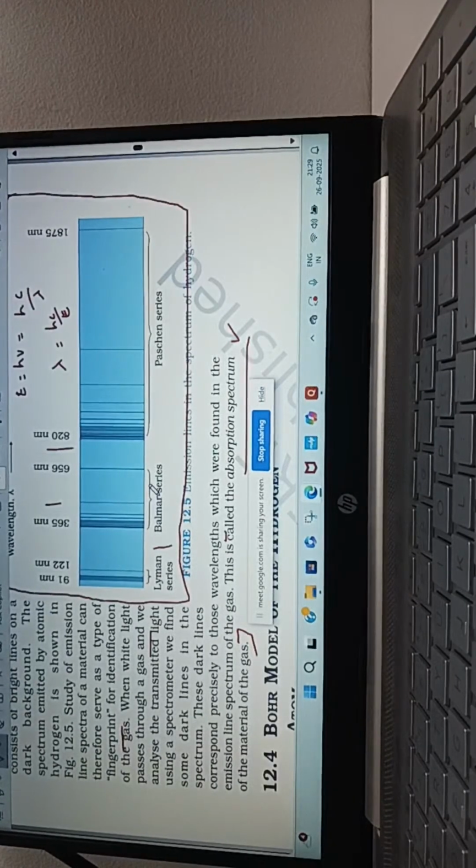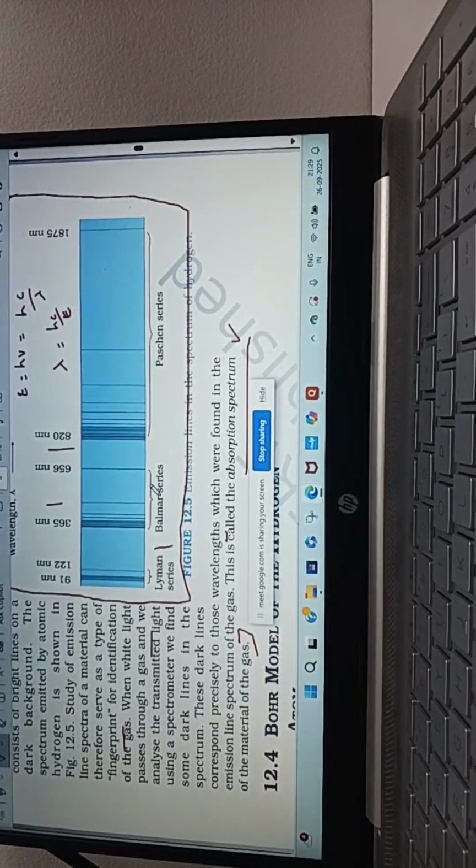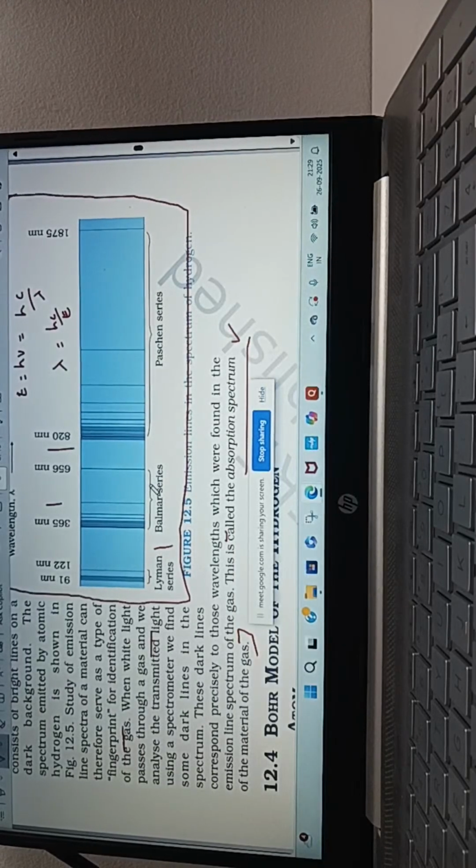So with the help of this only, we are in a position to understand that the sun has abundant hydrogen gas and helium gas. Why? Because the sunlight, when it passes through the vacuum tube, will give certain colors. Those colors will help you see what is missing in the spectrum of sunlight.